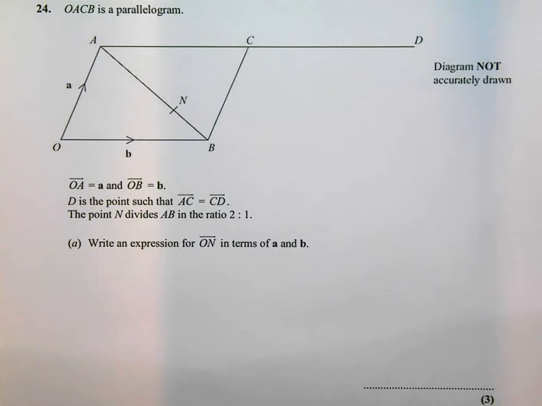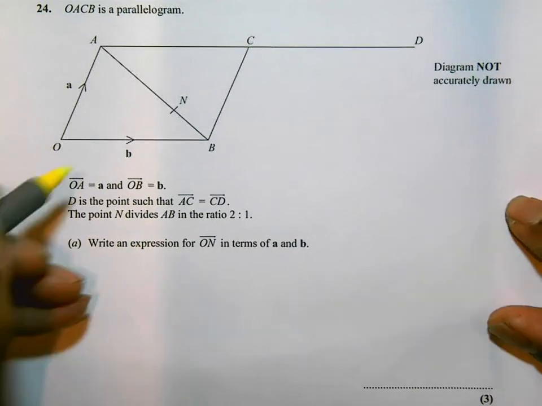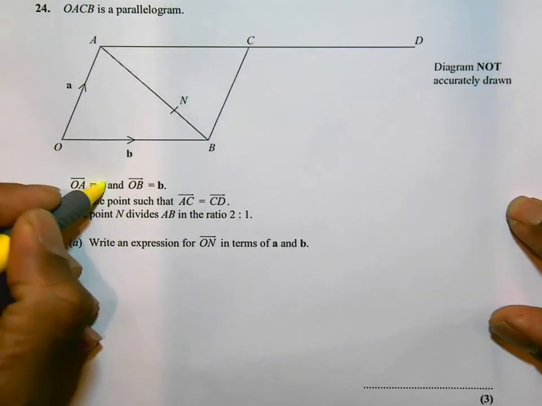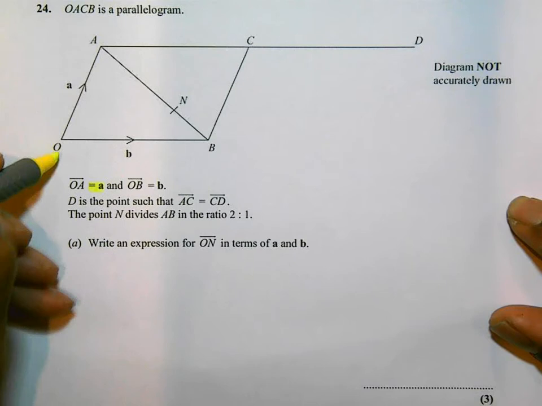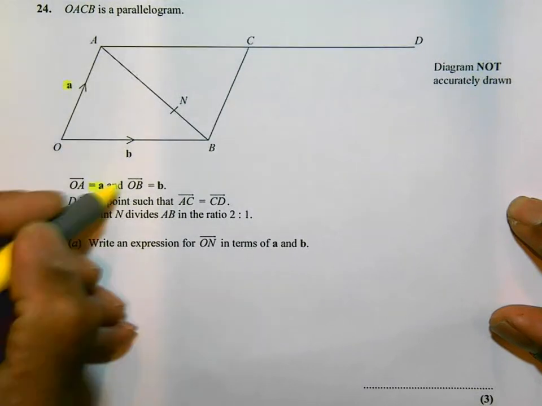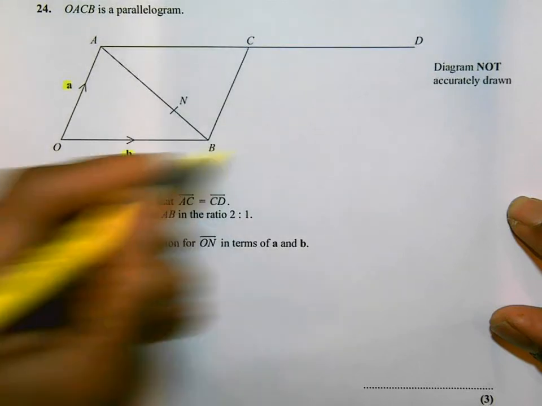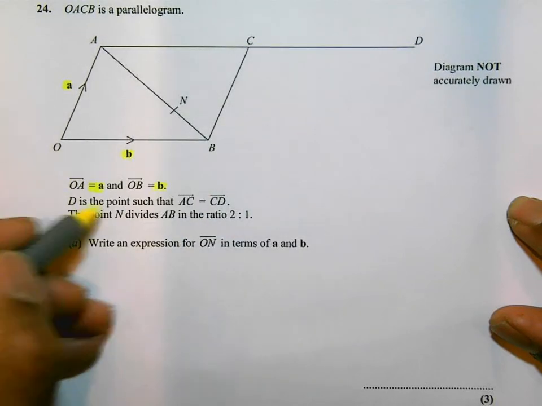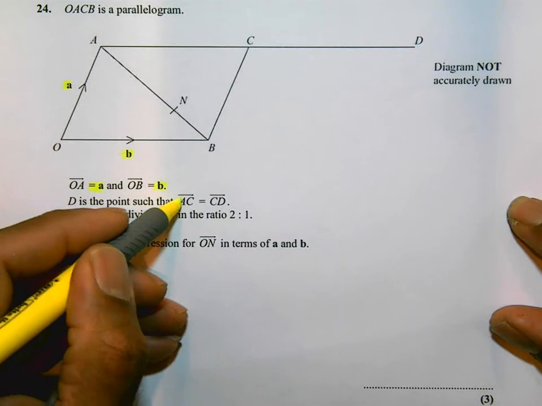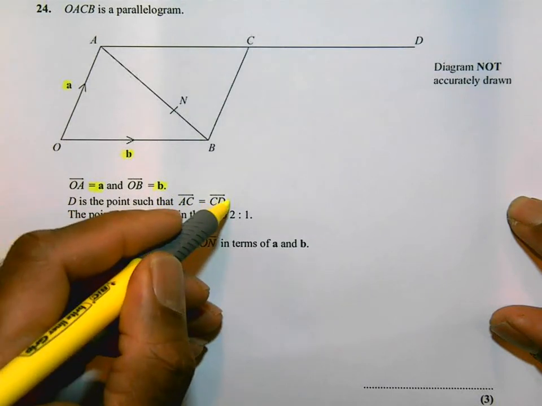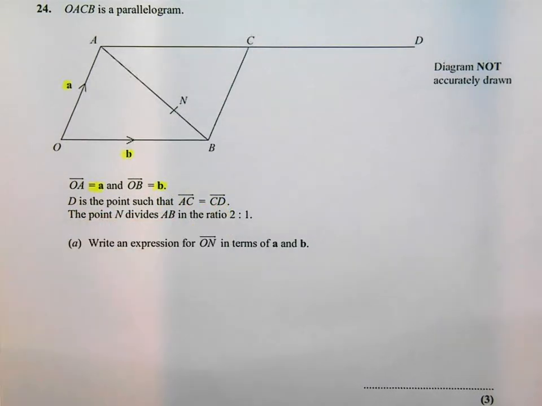Let's read the question. OA is A, so the vector OA, and it's already labeled A. The vector OB is B, and that's already labeled B. D is a point such that AC is equal to CD. So AC is equal to CD.